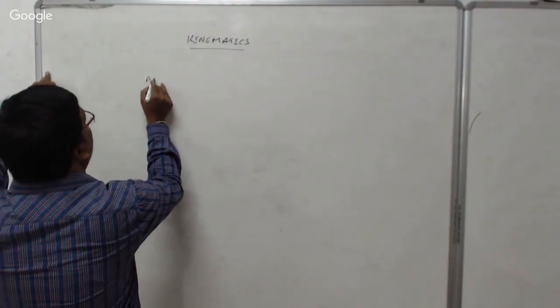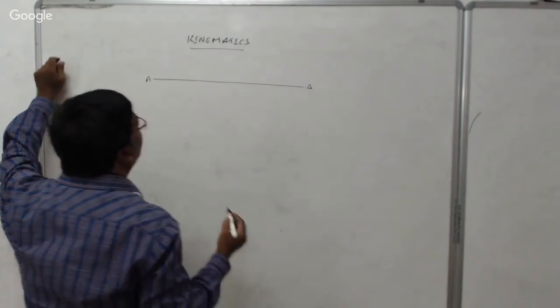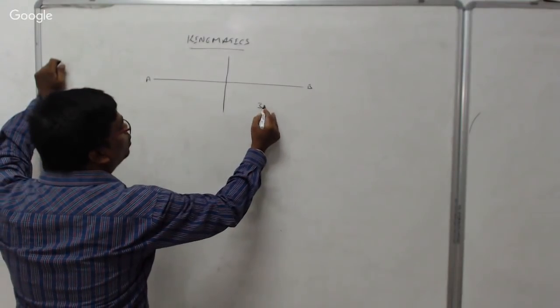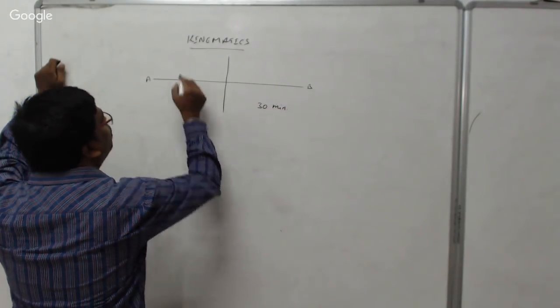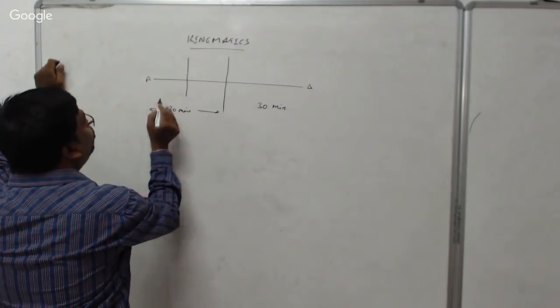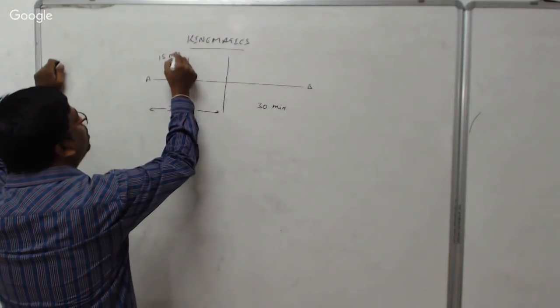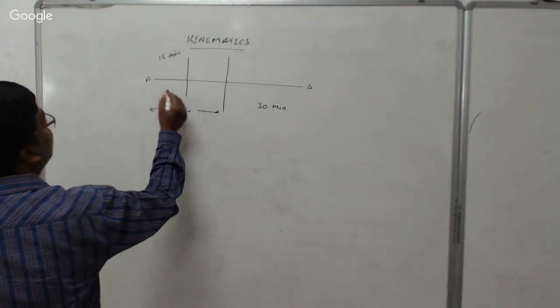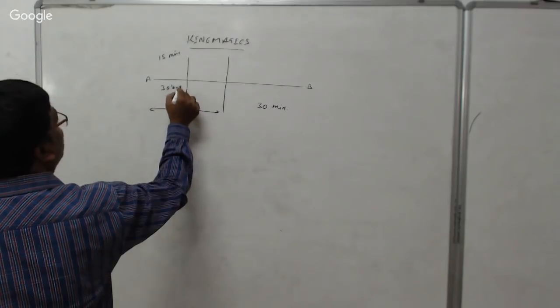What is given? Again, draw the diagram. A to B. Divide into 2. This is 30 minutes. Again, this 30 minutes is divided into 2. First 15 minutes with 30 kmph.